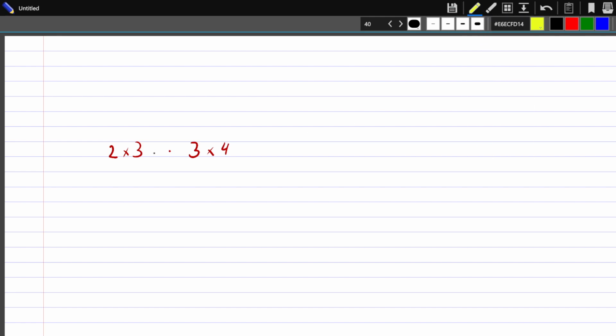In this case, the middle numbers are the same. It's 3, 3. So the multiplication product will be a matrix with the dimensions 2 by 4. Got it? How it's done?